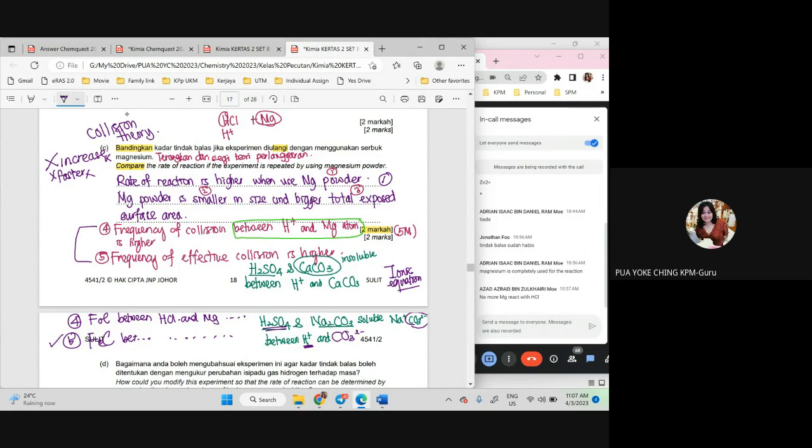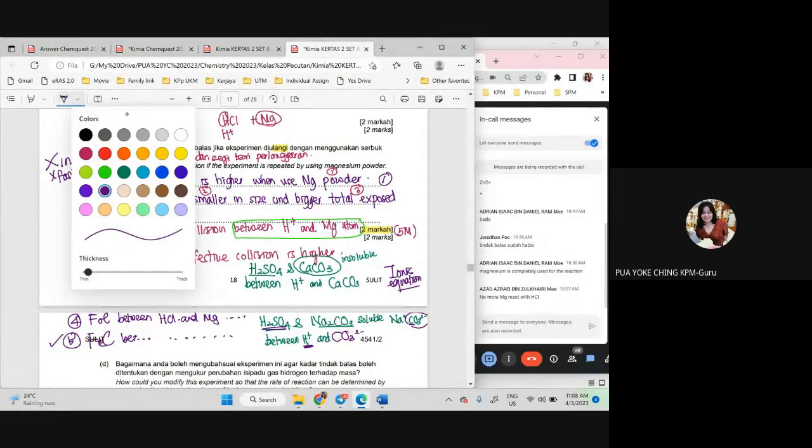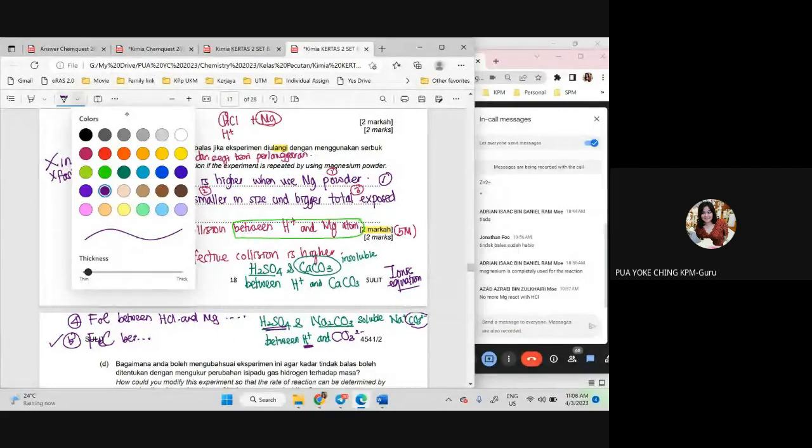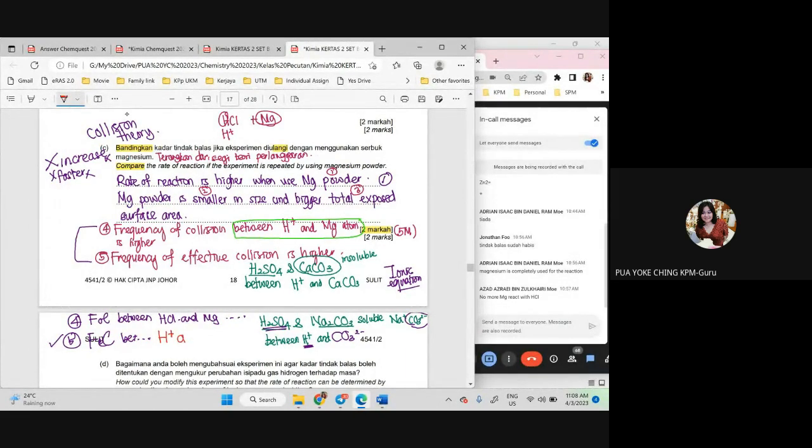Kalau let's say lah, atas tu dia tulis between HCl and Mg. Bawah tu dia tukar lagi pula. Between H plus and Mg2 plus. 0.5 dapat tak? Do you get 0.5? Yes or no?